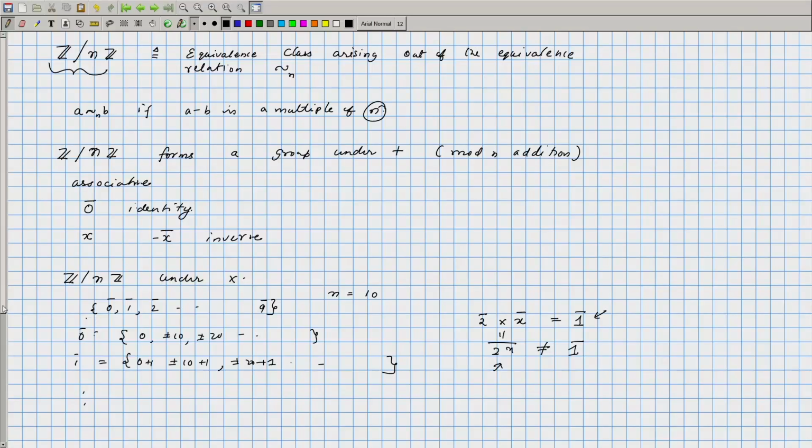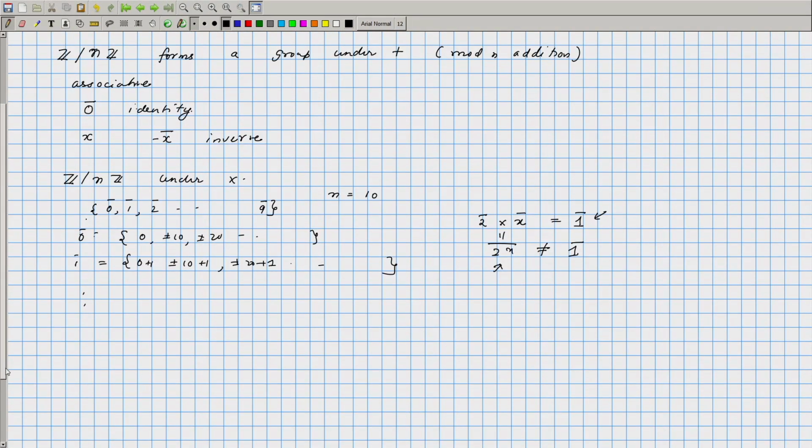Is there some way to extract a subset of these such that they form a group? Now we will stop pretending that these equivalence classes are sets. Instead, we will just work with the representative elements, which is much more convenient.